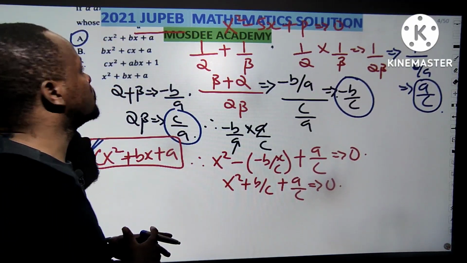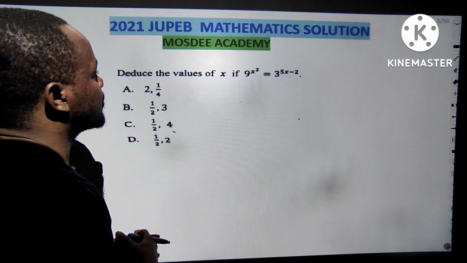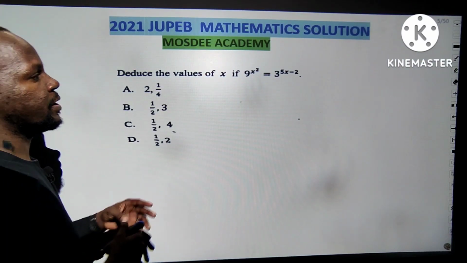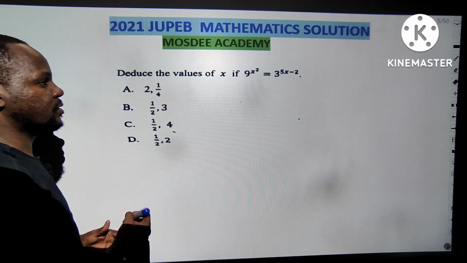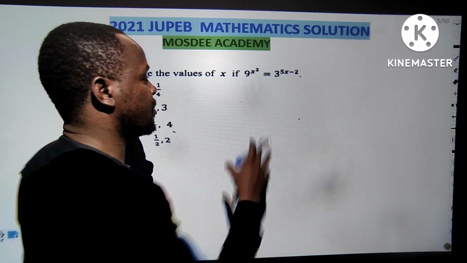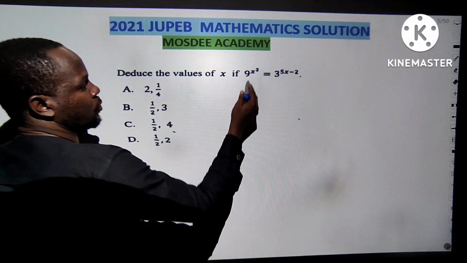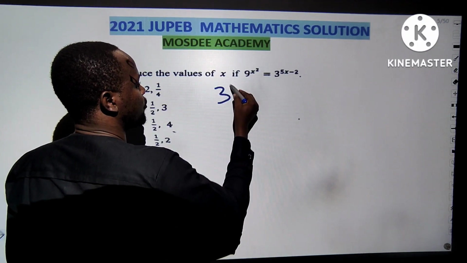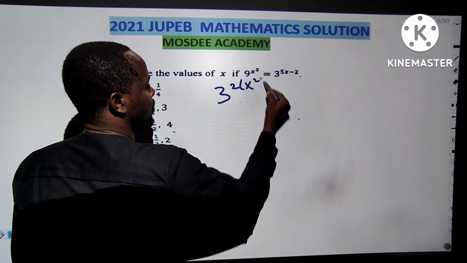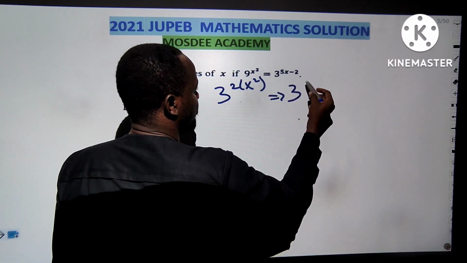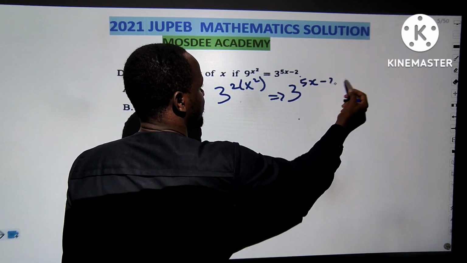The next question. Now, deduce the value of x in this equation. No time, because it is just for us to get the answer. I think this is like a linear index or indices or whatever you call it. So using the indices now, this is 3 to the power of 2x squared equals 3 to the power of 5x minus 2.